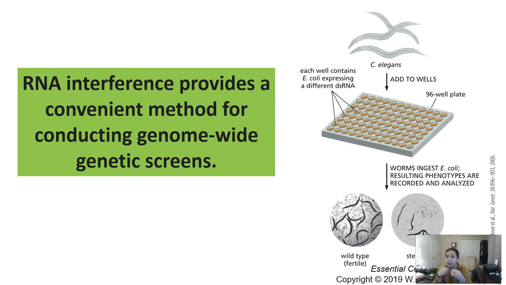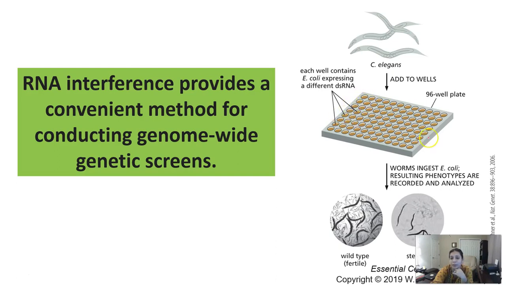The C. elegans will eat them, and they will incorporate that double-stranded RNA into their cells, and they will show their effect. So RNA interference provides a very convenient method for conducting even large genome-wide screens, where you take a bunch of different double-stranded RNAs that could take care of multiple genes all throughout the C. elegans genome, and you put them into E. coli.